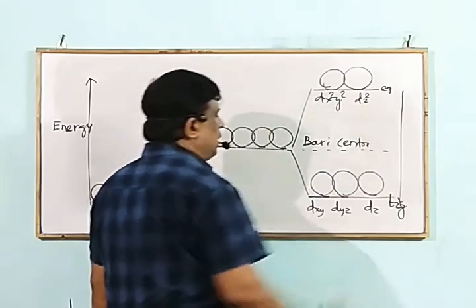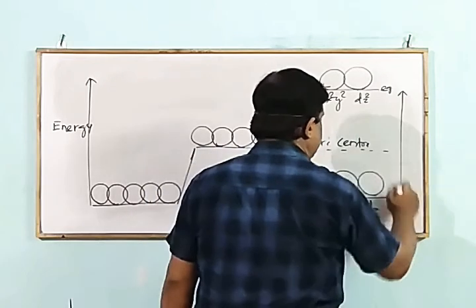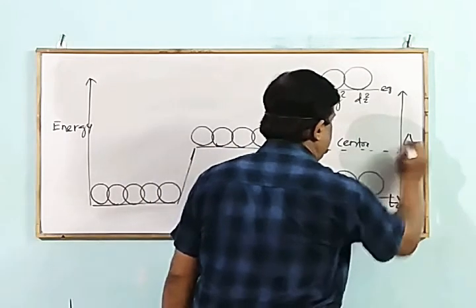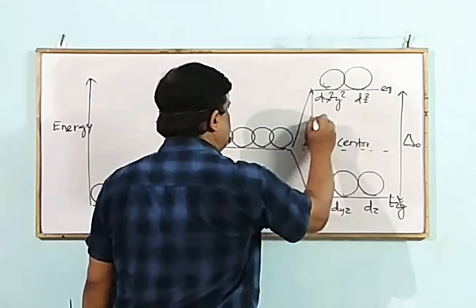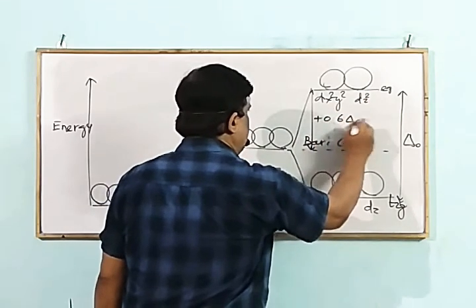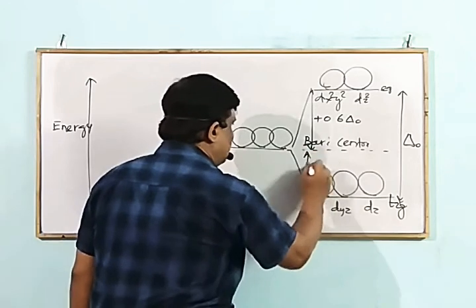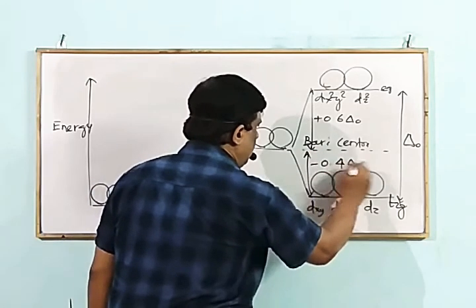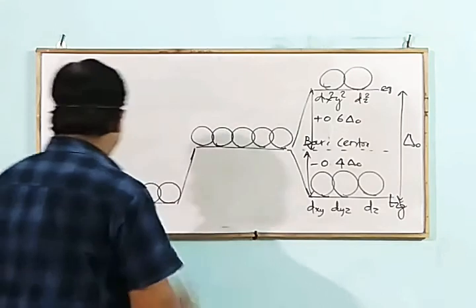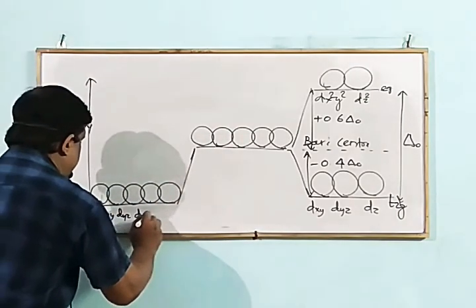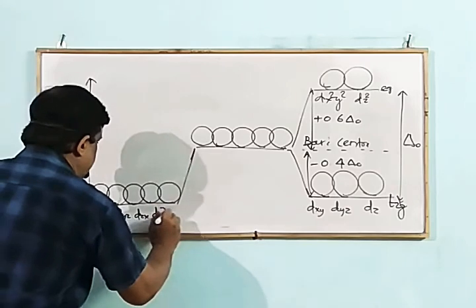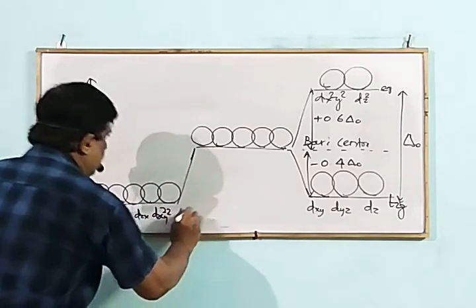The difference in the splitting of the energy is known as crystal field stabilization energy, that is del O. This one is plus 0.6 del O. This one is minus 0.4 del O. It is dxy, dyz, dzx, dx square minus y square, dz square.